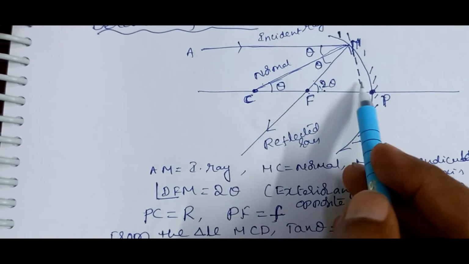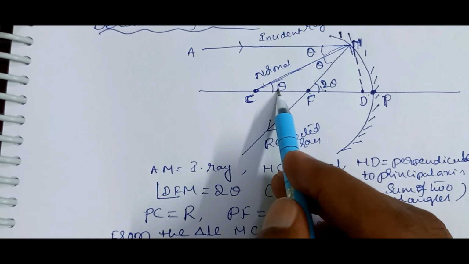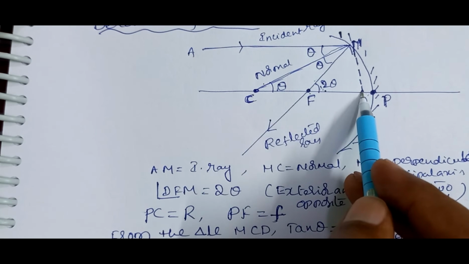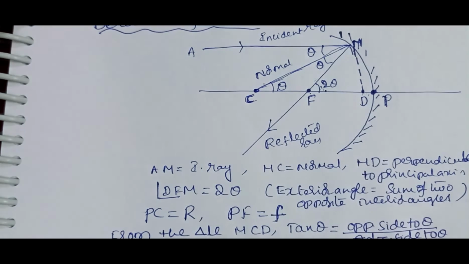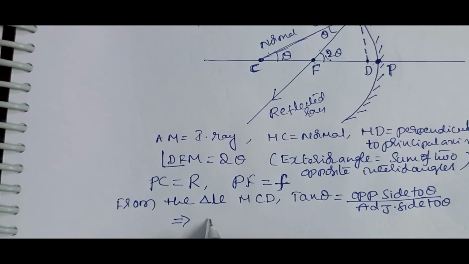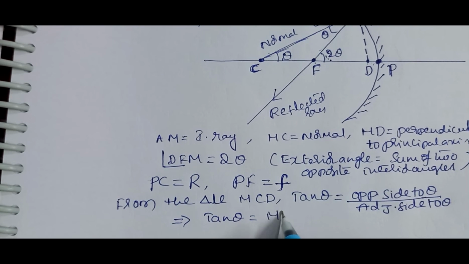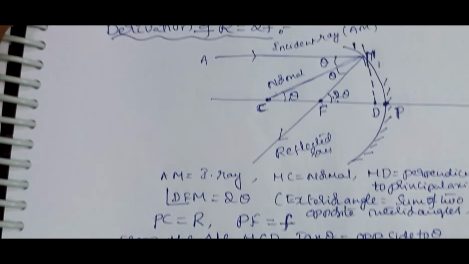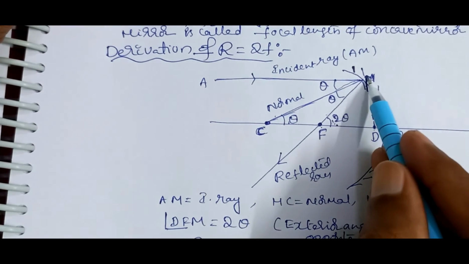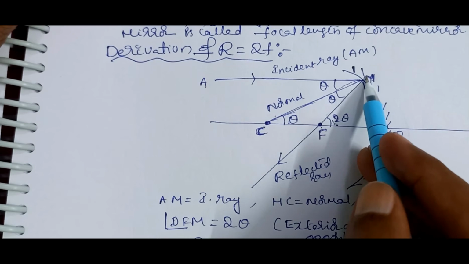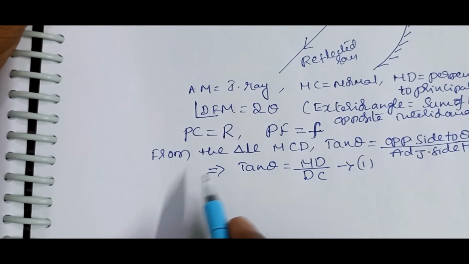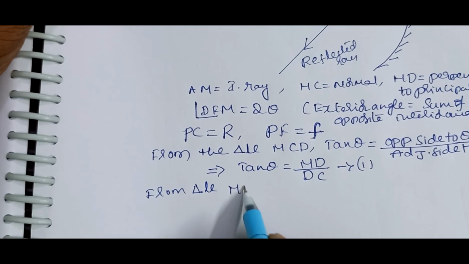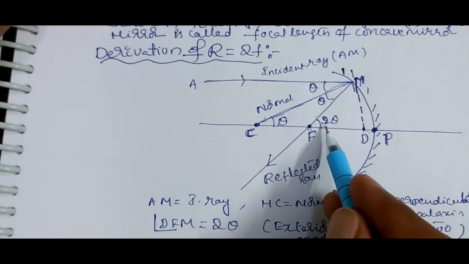In triangle MCD, the side opposite to theta is MD, and the adjacent side is DC. So tan theta equals MD by DC, equation 1. Now again we take triangle MFD. From triangle MFD, the angle is 2 theta.